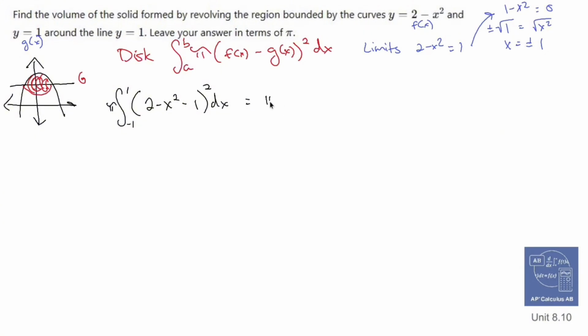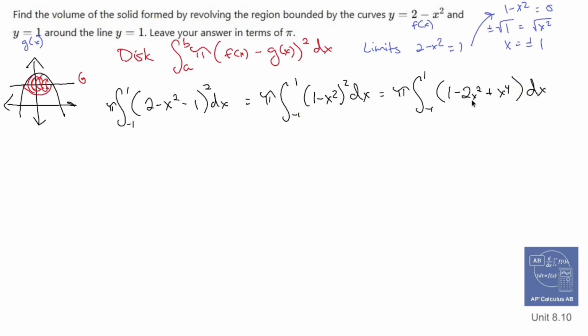That becomes pi times the integral from negative 1 to 1 of (1 minus x squared) squared dx, which before we even integrate can be changed by squaring that whole parentheses, a perfect square trinomial. So 1 minus 2x squared plus x to the fourth, dx.